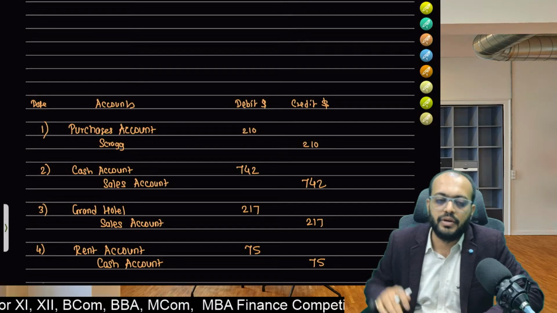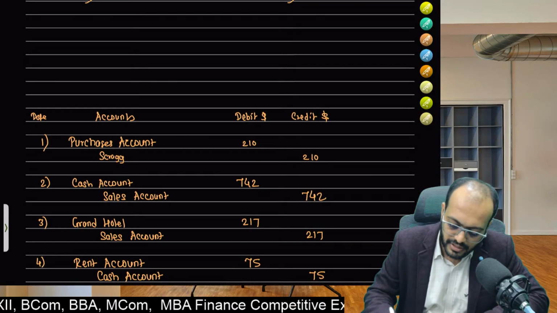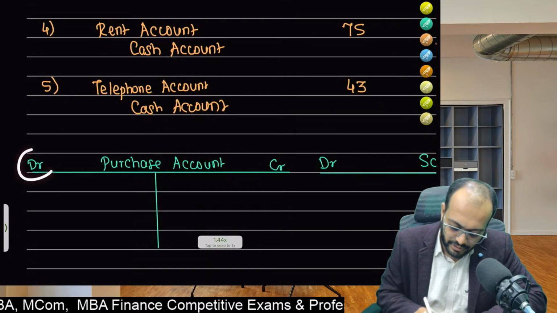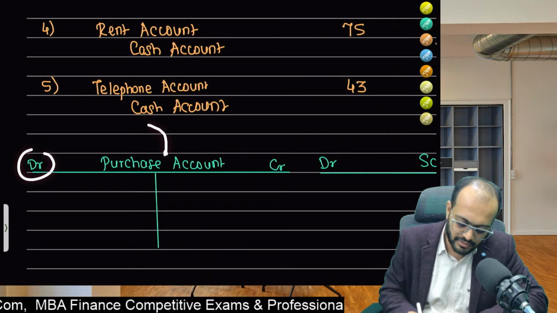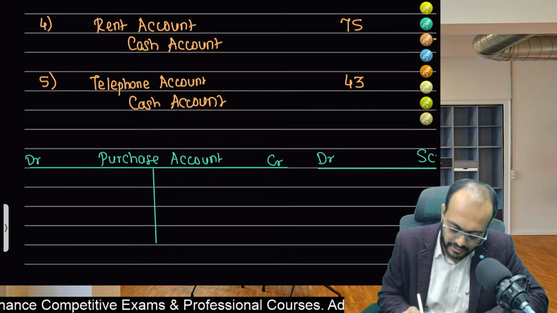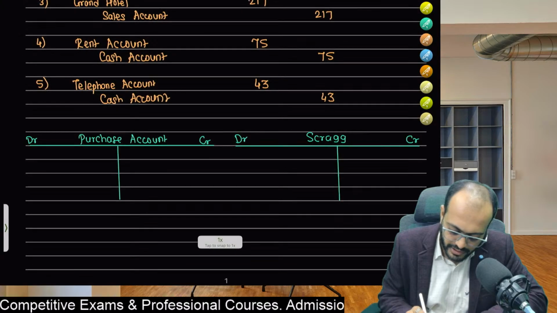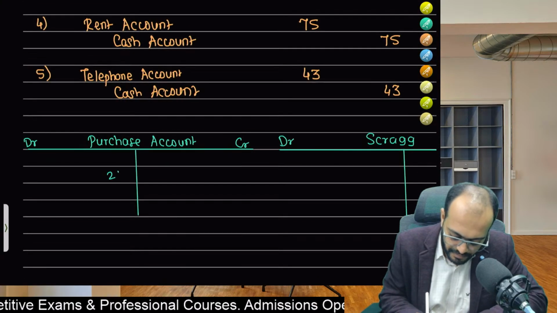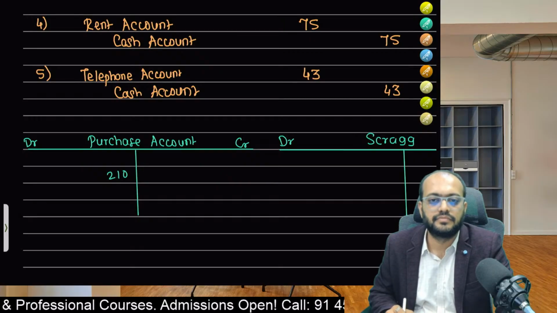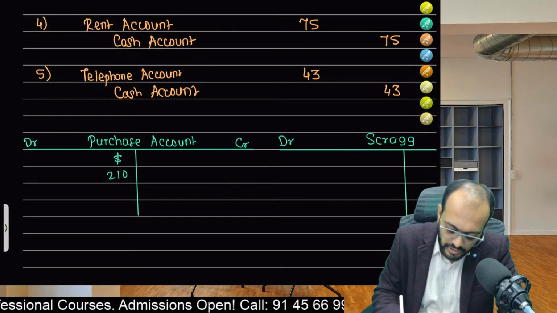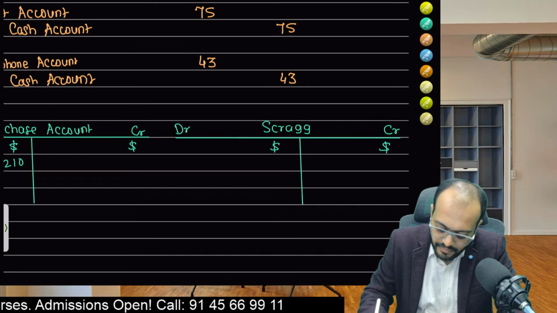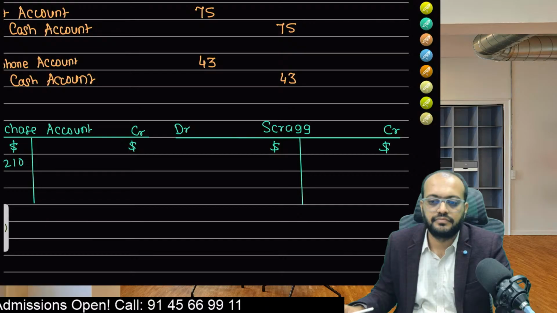So in transaction number 1, purchase account is debited, right? So go to the debit side of purchase account, and we have to write the amount here, that is $210. Amount of course in dollars on both sides.